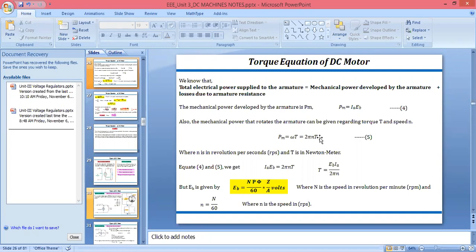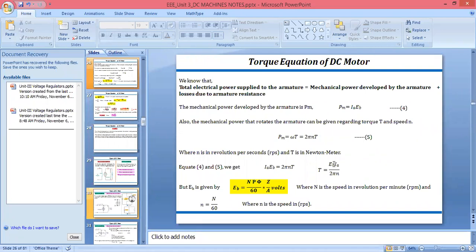But again, if you see our first equation, we know from these equations that PM equals PM. So I can write this equation as 2 pi n T equal to IA into EB. But for torque, in our EMF equations we are getting the value of EB or EG.